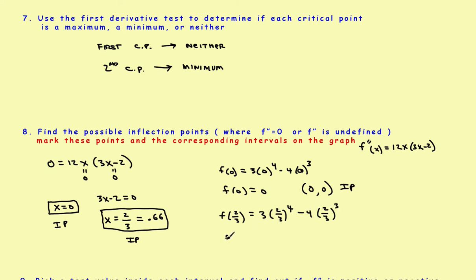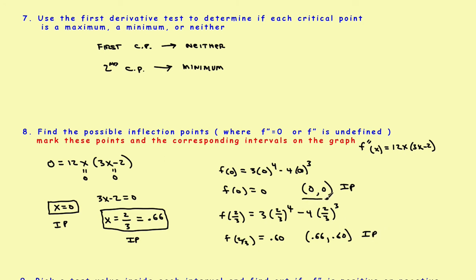And that's going to give you f at 2/3 would be equal to, and if you stick that on a calculator, it'll turn out to be about 0.60. So what this gives you is the point when x is equal to 0.66, y is equal to 0.60, and that gives you the second possible inflection point.